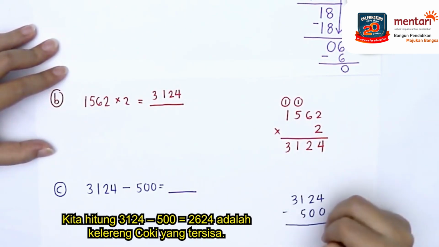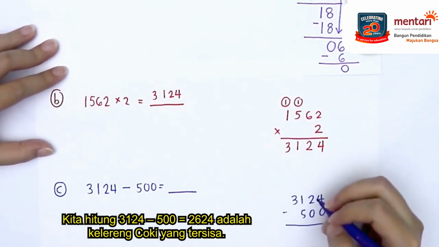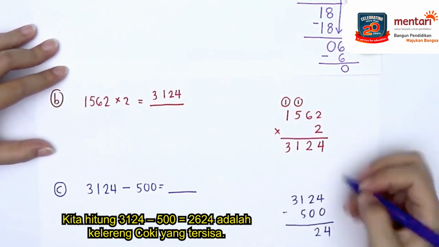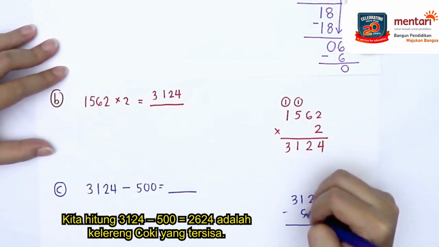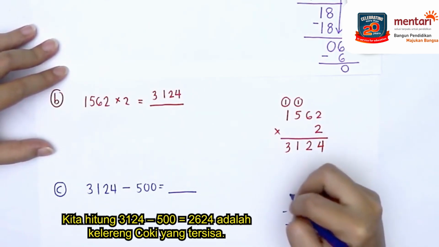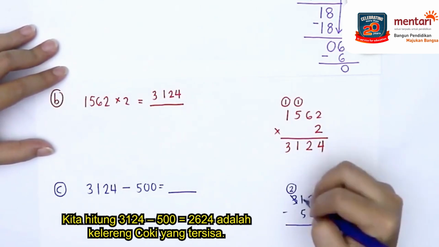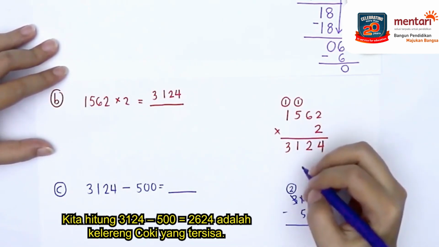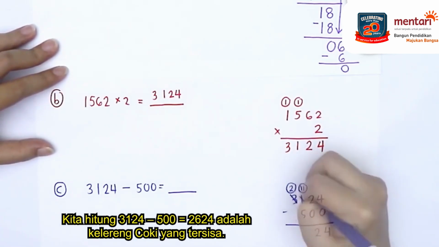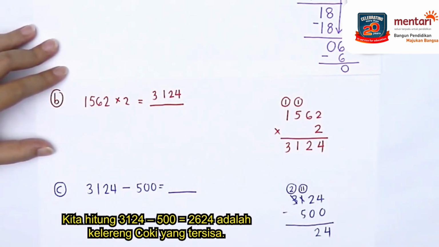4 ones minus 0 is still 4. 2 tens minus 0 is still 2. 1 hundred minus 5 is not possible. So we need to regroup 3 thousands. It becomes 2 thousands. And 1 hundred will become 11 hundreds. 11 hundreds minus 5 will give us 6.